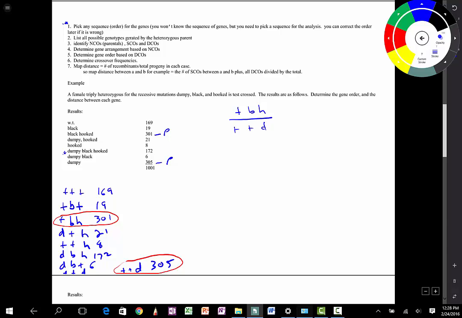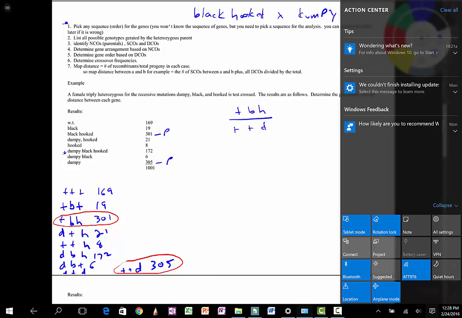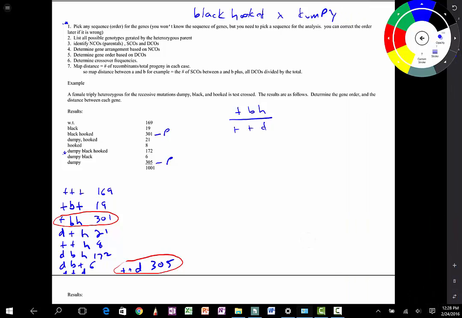So what that means, when we made that heterozygote, we took a black hooked fly and crossed it to a dumpy fly. And then we got black hooked over dumpy. So we don't know the order yet, but we know the arrangement of the alleles, and that's always the first step. Just look at your parents, and that tells you where we started out.